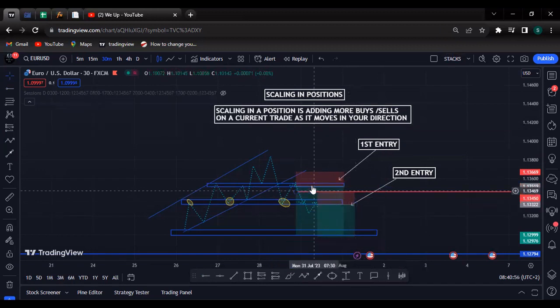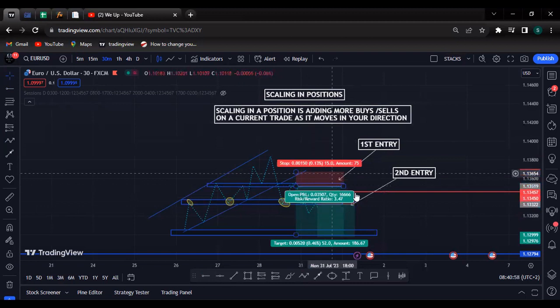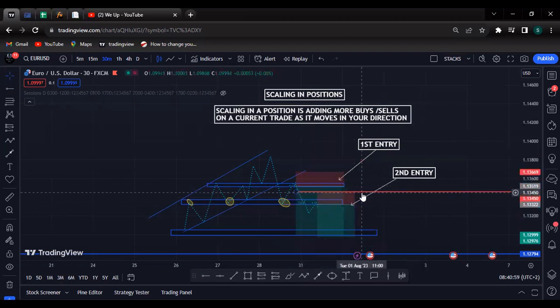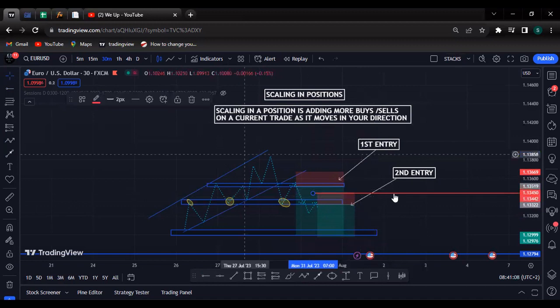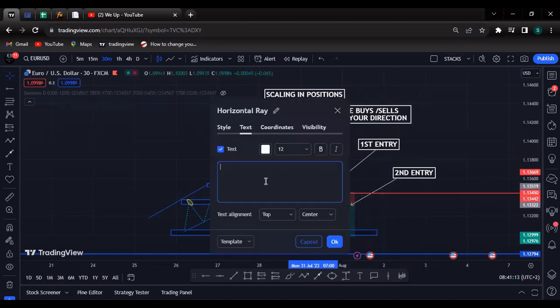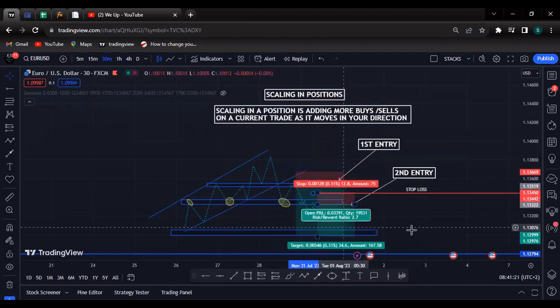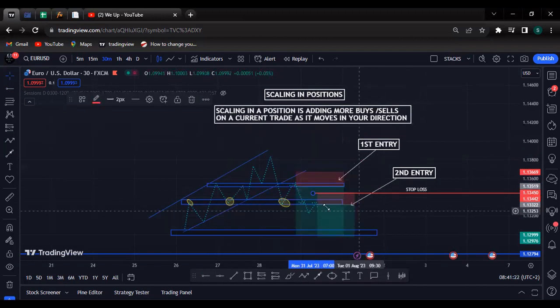So you move your stop loss for your first entry to the same position as your second entry stop loss. Now your first entry is running risk free. Let me label this out for you. This is your stop loss now.